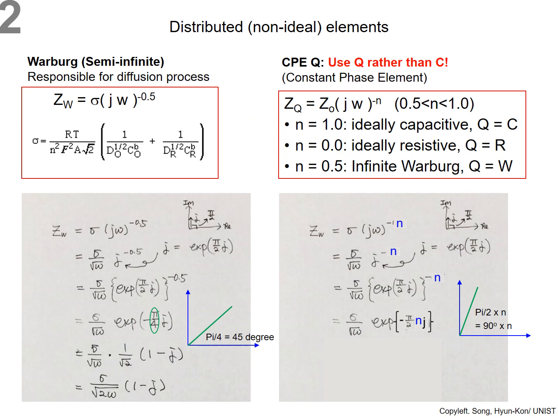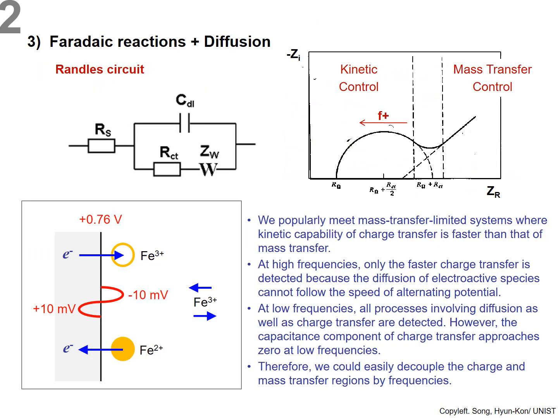So what you should know for the circuit elements used in the complex nonlinear least squares fitting programs, you have only two things. The first one, resistance. The second one, the constant phase element, CPE. Please memorize those two things, resistance and CPE.